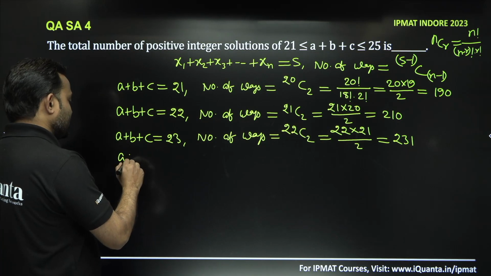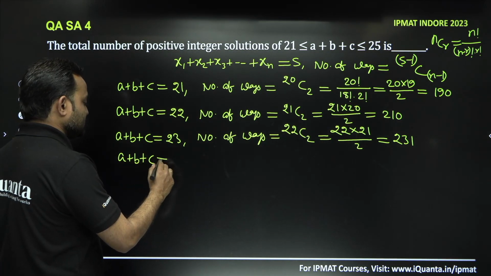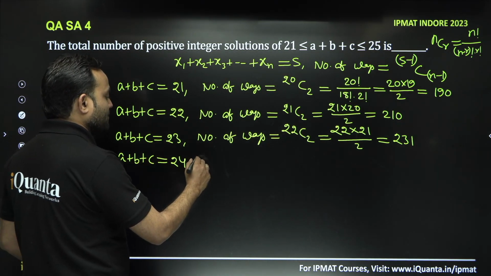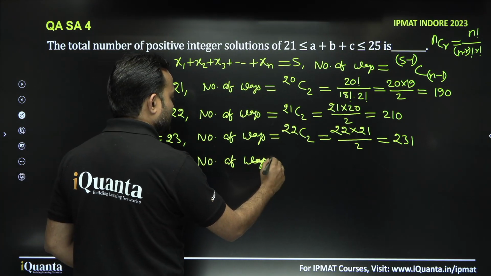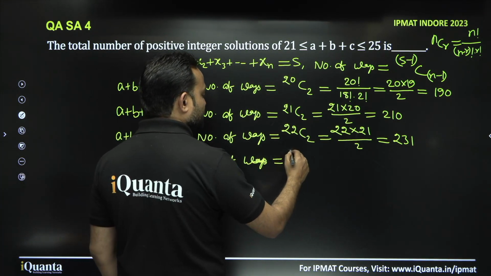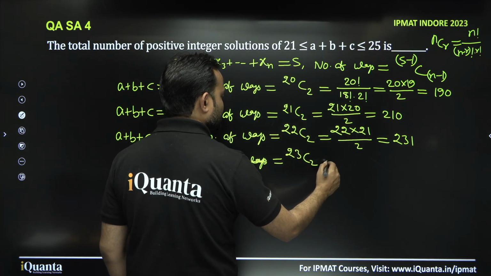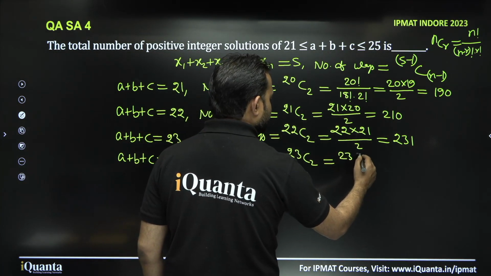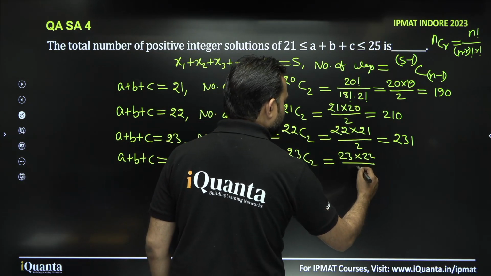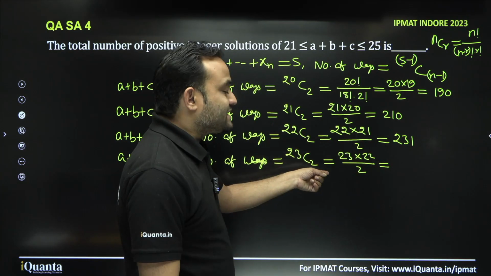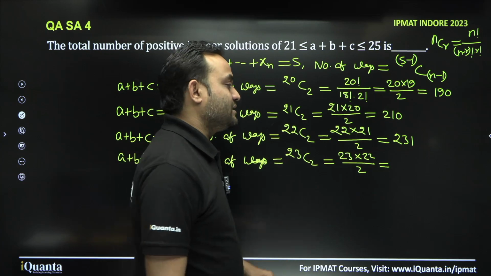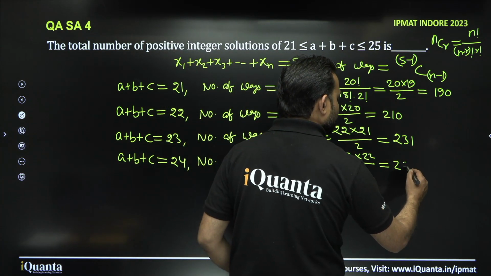Similarly, if we take a plus b plus c is equal to 24, we get number of ways equal to 23c2, which is equal to 23 into 22 divided by 2. So again 22 by 2 is 11. 23 into 10, 230 plus 23, this will be 253.